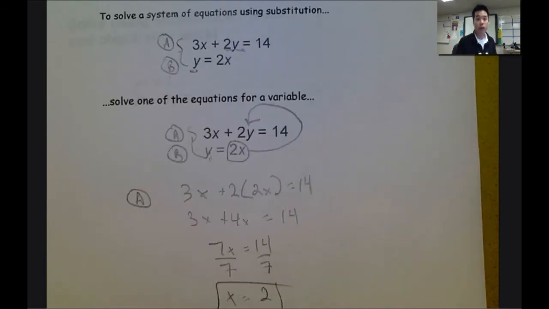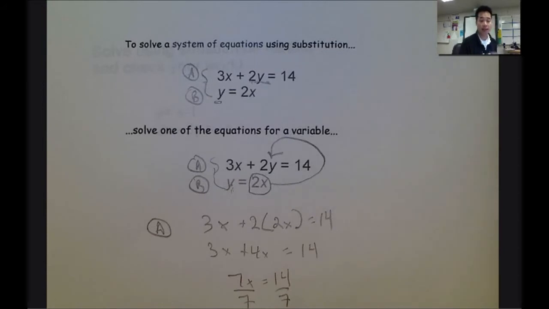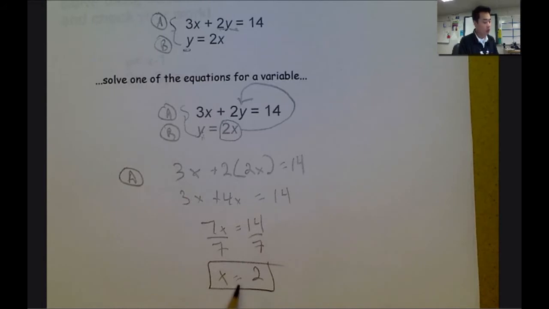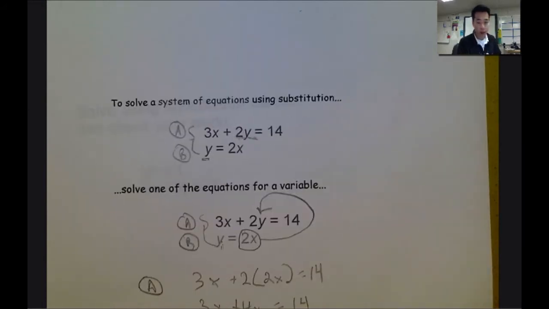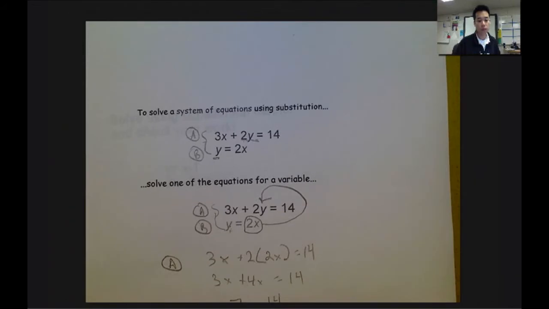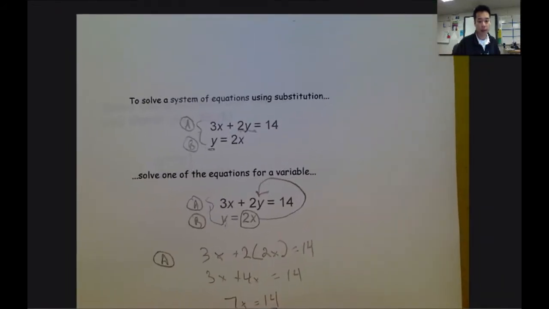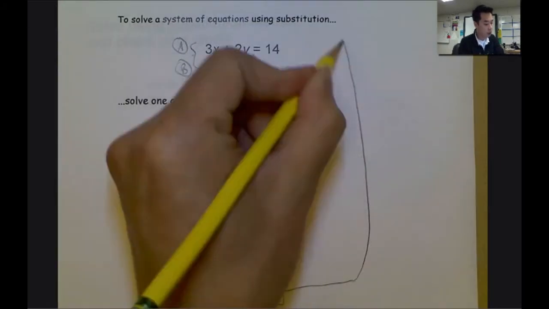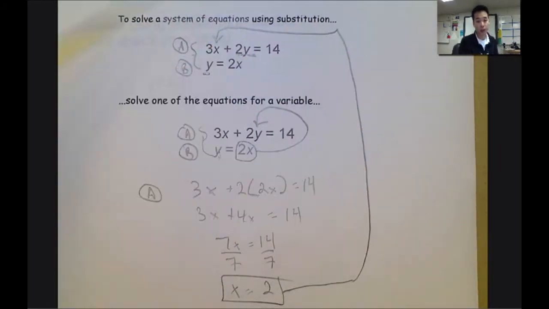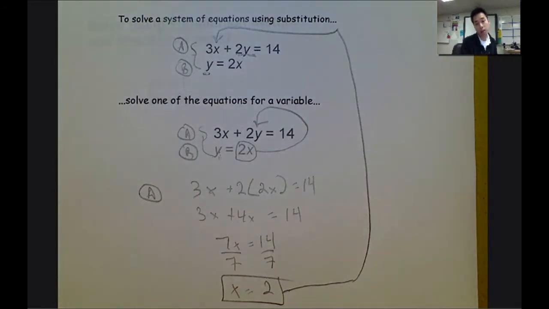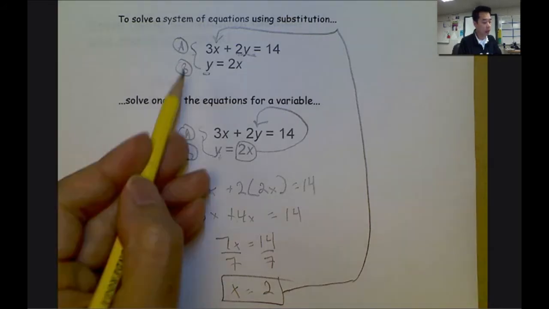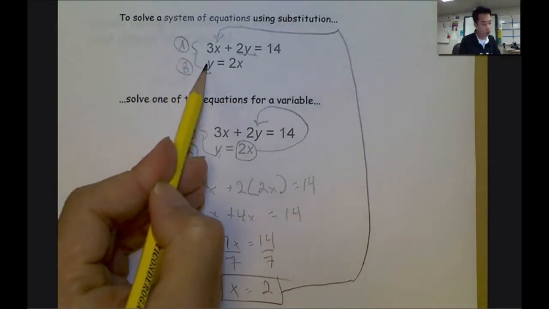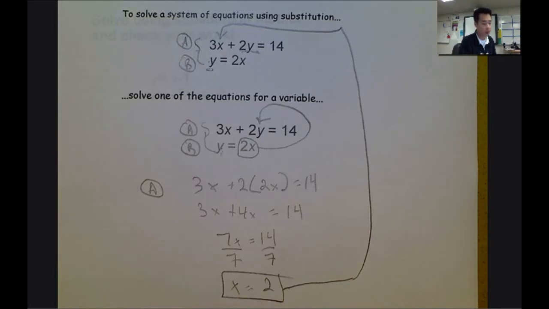But that's only my first variable, my x. I also need to find what y equals. But I already know that x is equal to 2. So what I am going to do is take this 2, and I am going to substitute it back into either of the original equations that they gave me to figure out y. The easiest one to do is B, because B has y by itself already.